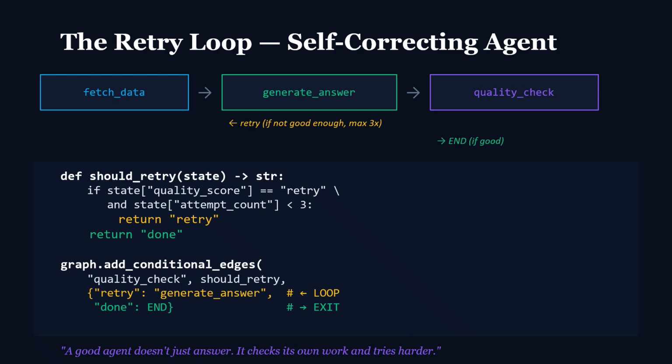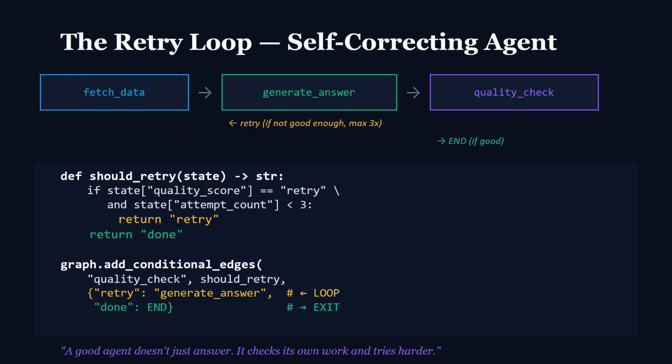The agent loops back with a stricter prompt that says you must include specific numbers. If the quality is good or we have hit max retries, it returns "done", which maps to END. The agent exits.